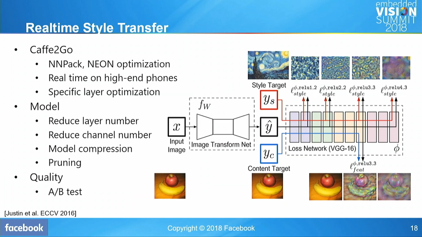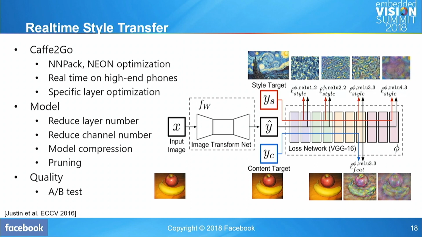Then came the follow-up paper from Justin Johnson, where he used this VGG network as a loss function for a new network called the Image Transform Net, which is used for doing the style transfer. In this figure, X is the input image, which goes through the network, producing Y hat.